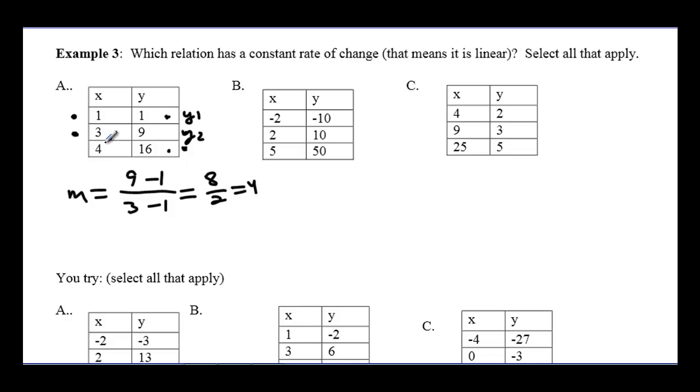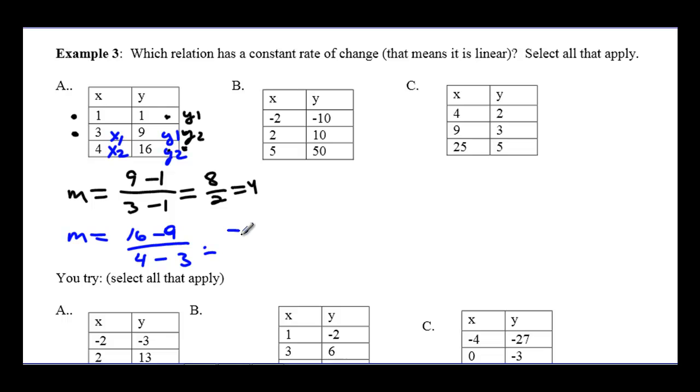Let's test the next points. I'm going to call this one y1 and this one y2, so I'm comparing these two points now. My slope is y2 minus y1, which is 9, over x2 minus x1, where this is x2 and this is x1.